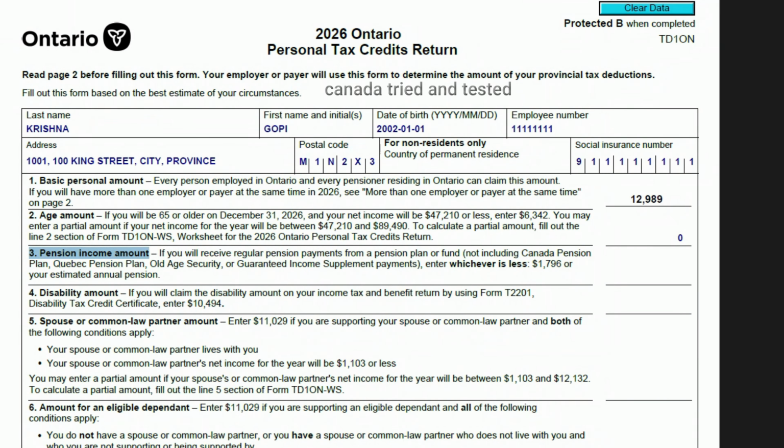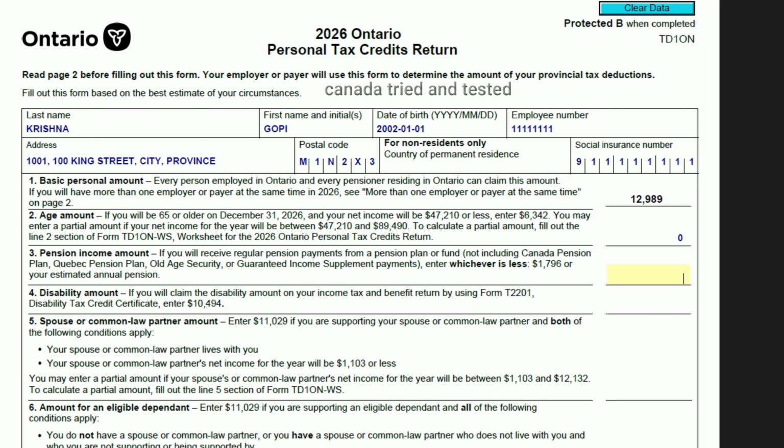If you receive regular pension payment from a pension plan or fund, not including Canada Pension Plan, Quebec Pension Plan, Old Age Security, or guaranteed income supplement payment, in that case, enter whichever is less, 1,796 or your estimated annual pension. This is only if you get a pension.